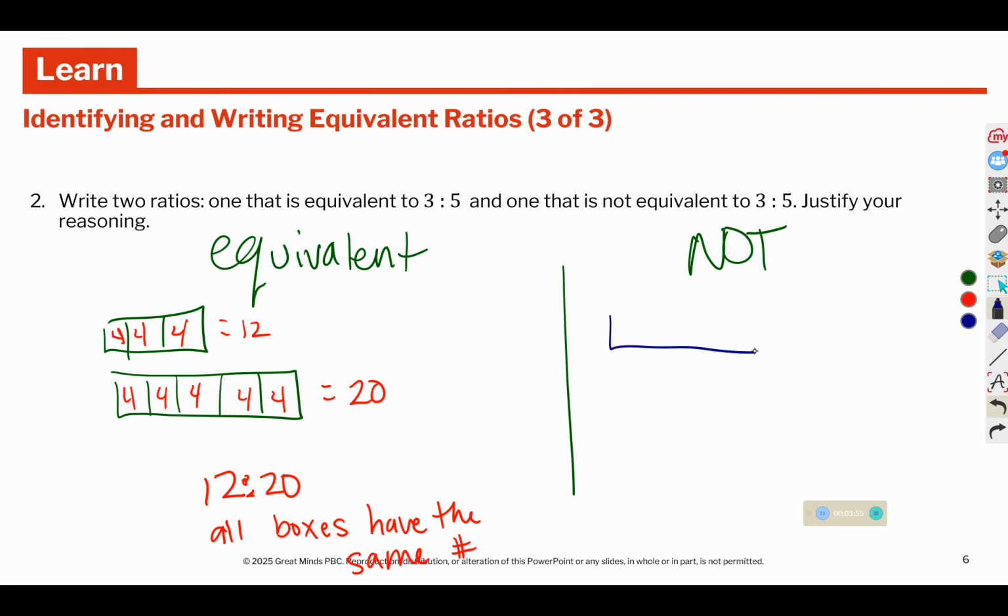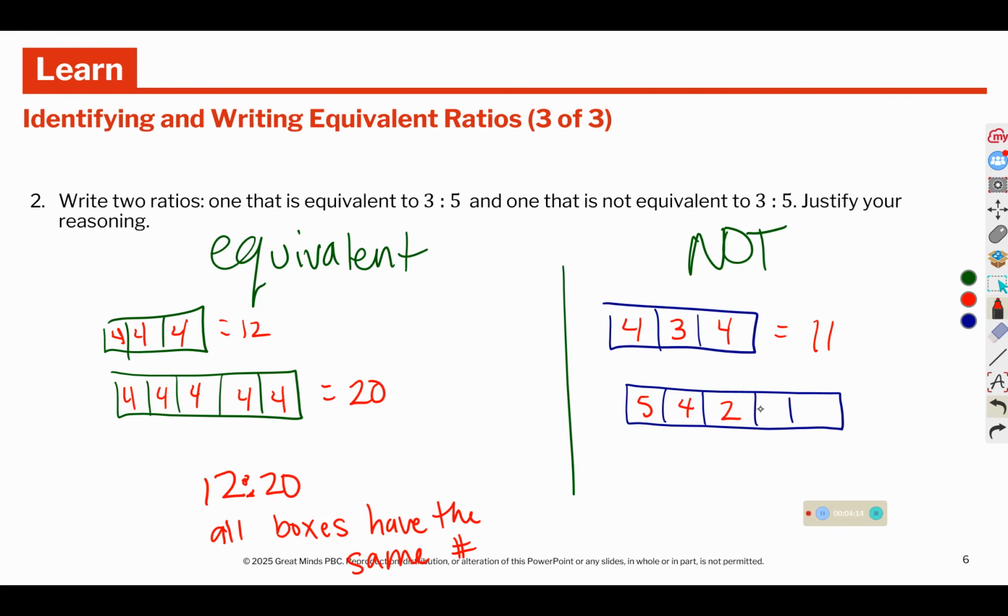One that is not equivalent is something such as 11 to 23.